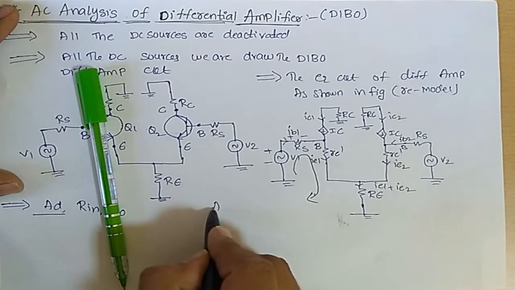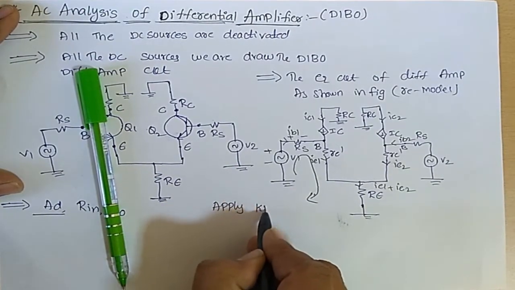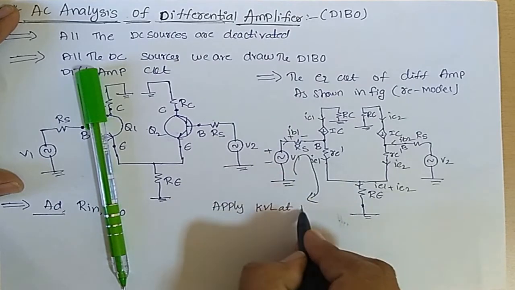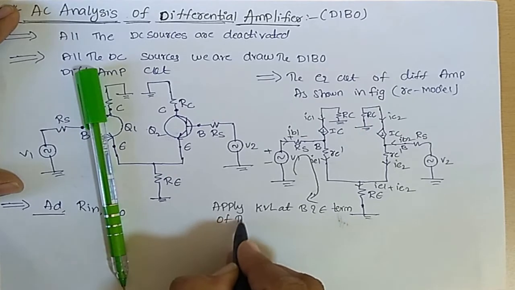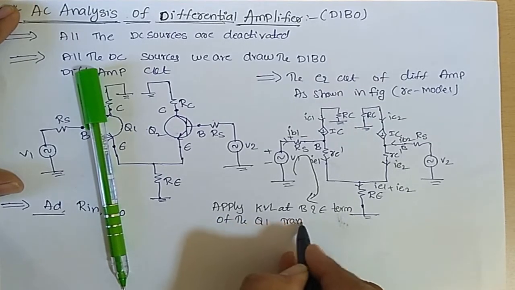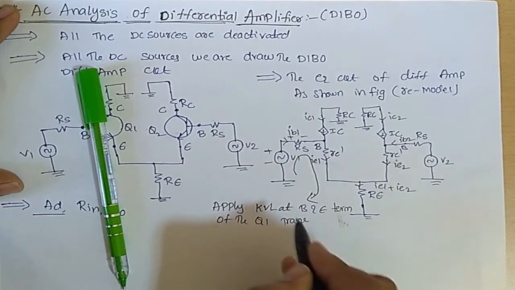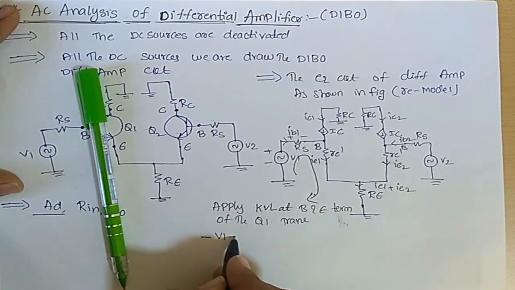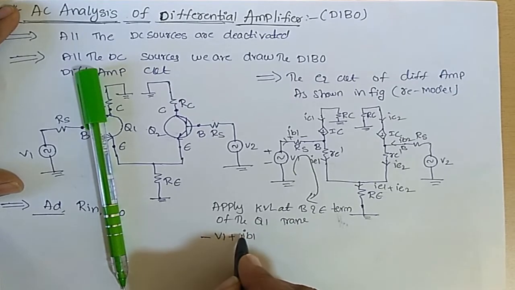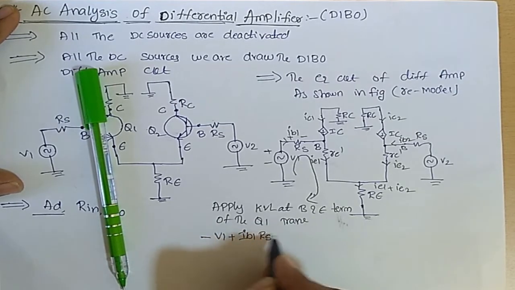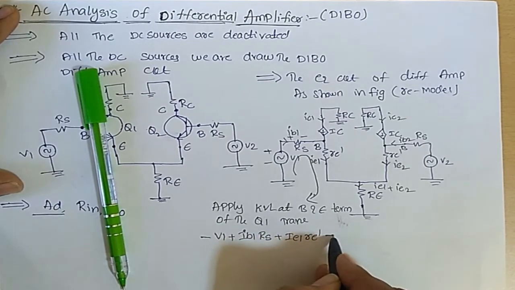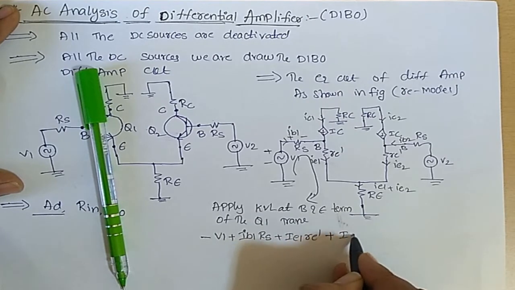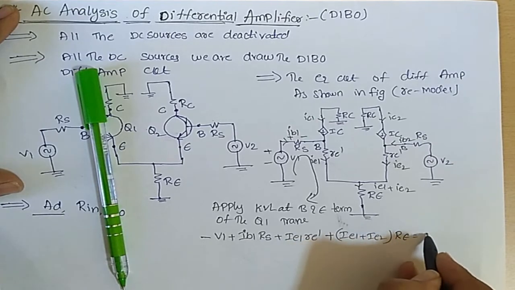Apply KVL at the base and emitter terminals of the Q1 transistor. Now we get the equation: minus V1 plus IB1 into RS plus IE1 into Re dash plus (IE1 plus IE2) into Re equal to 0.